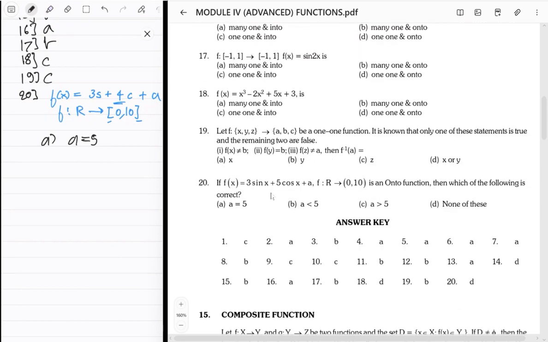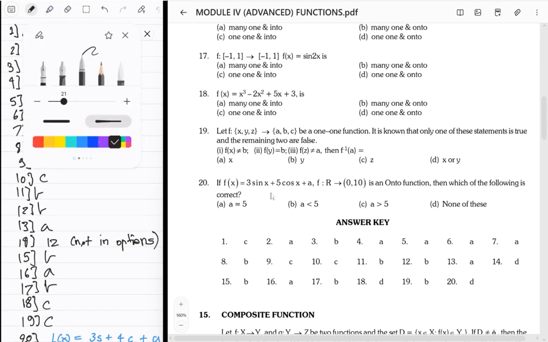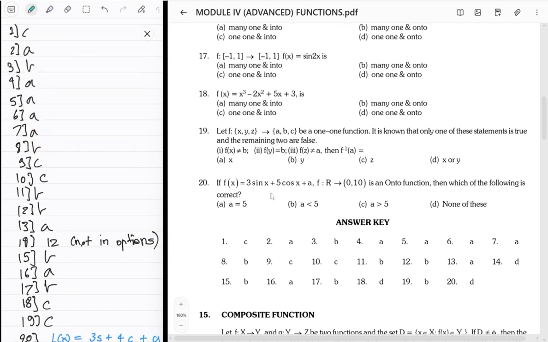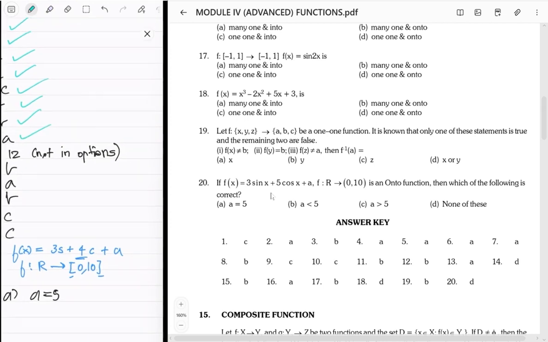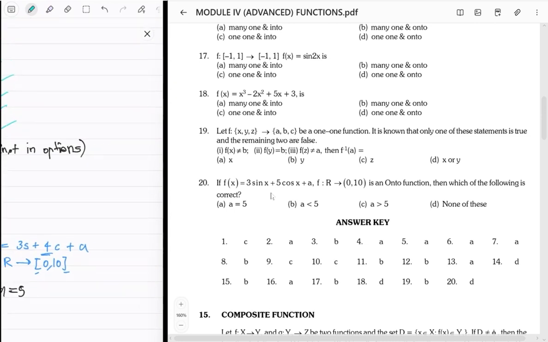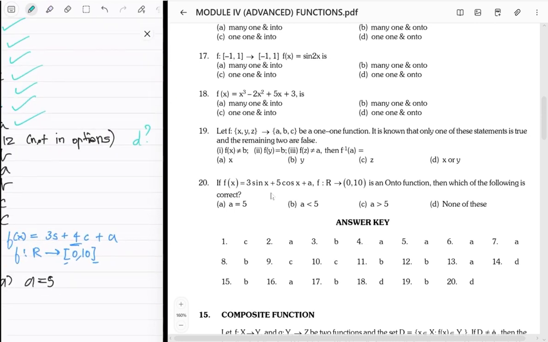So now the answer key. First guy C, second guy A. A A. Okay, A. A. B C C. 11th B B A. 14th it's D. Okay, it's wrong.